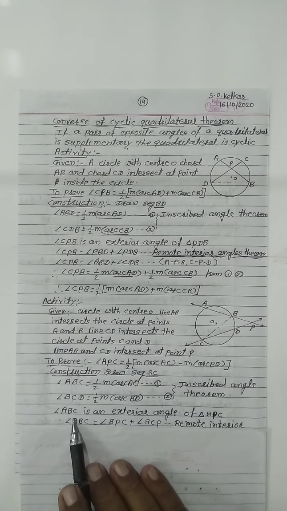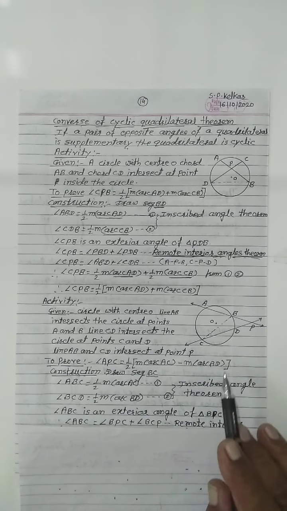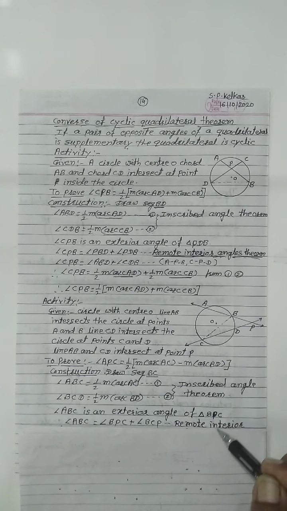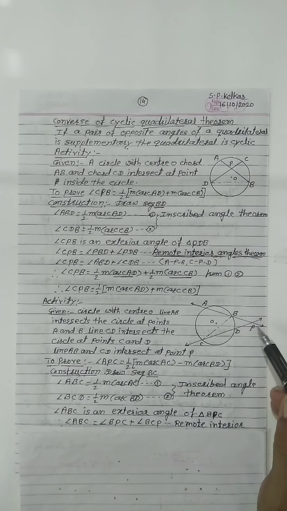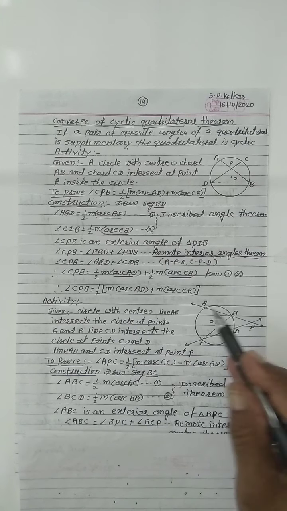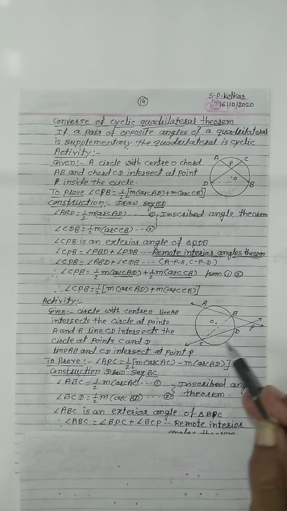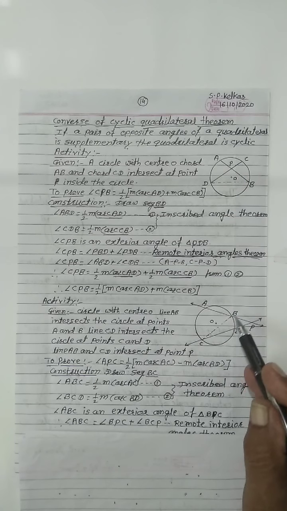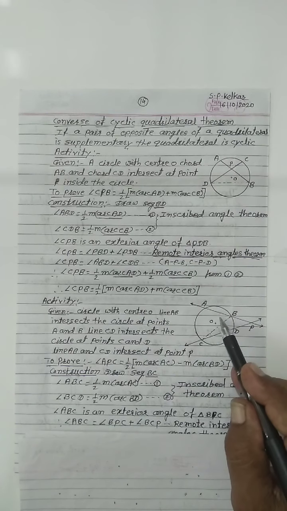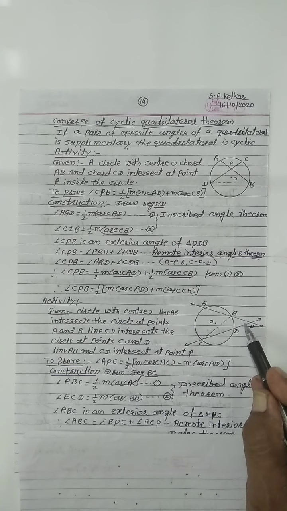The angle ABC is an exterior angle of triangle BPC. Then angle ABC equals angle BPC plus angle BCP, that is, the measure of this angle equals the sum of these two angle measures.